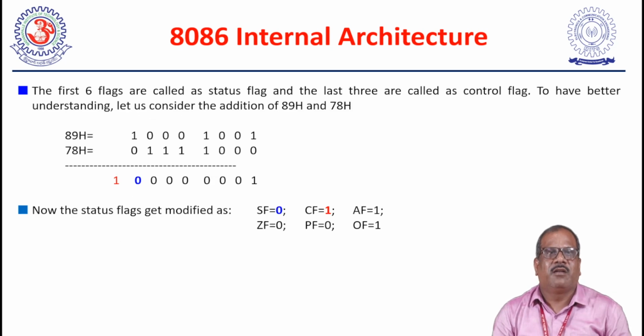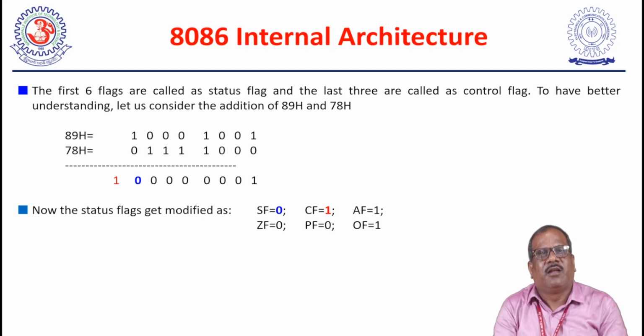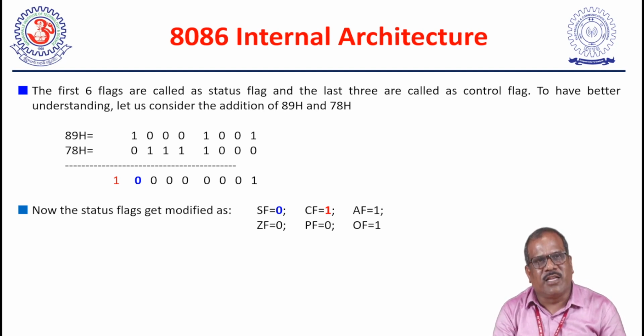For example, let us take one arithmetic operation: 89 added with 78. After addition we get the output. Data 1 is an 8-bit value and data 2 is an 8-bit value, and the result produces an extra 1 bit. The lower 8 bits are the result.